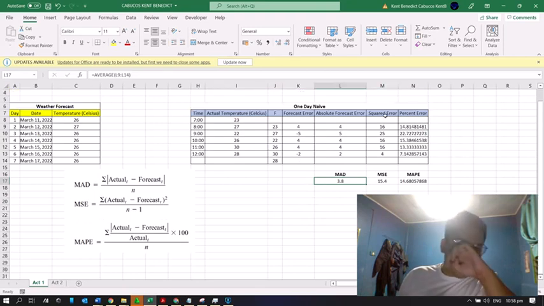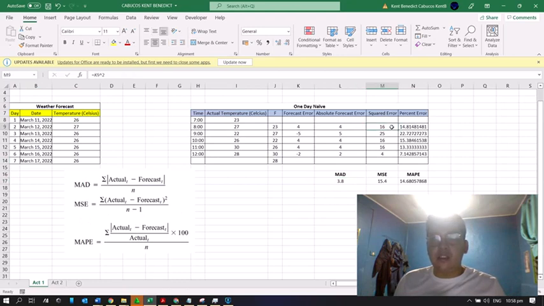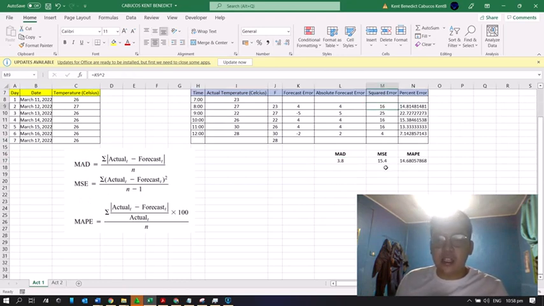For the squared error, we're just going to square the forecast error, so we can get our MSE.